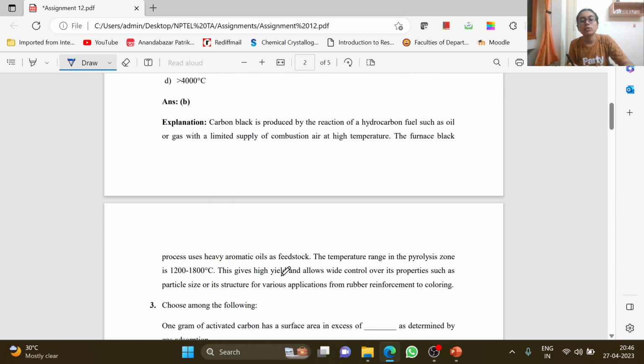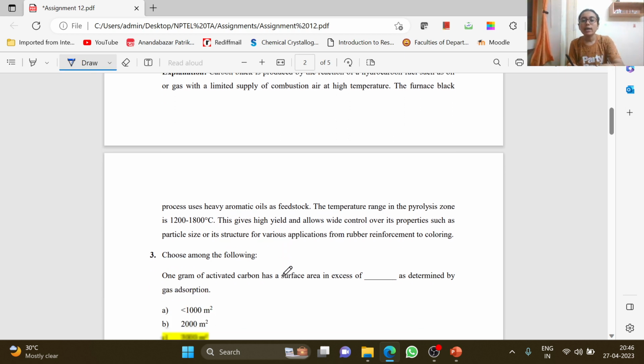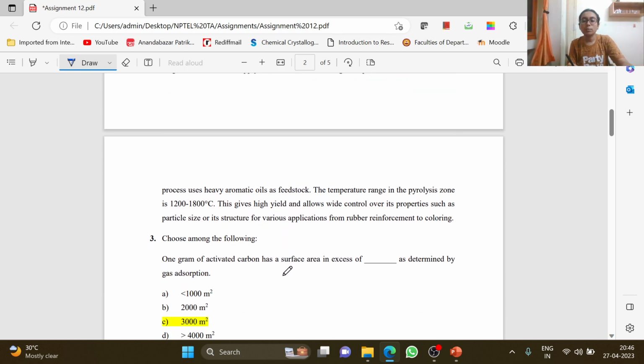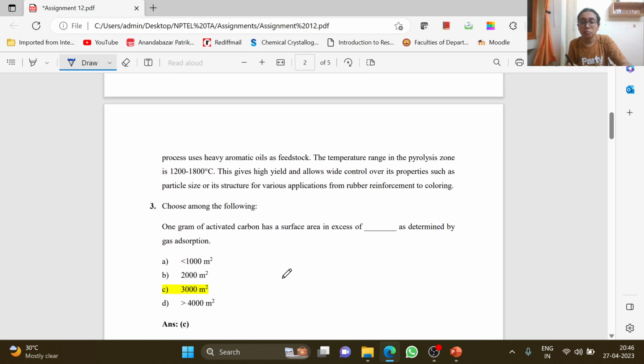The furnace black process uses heavy aromatic oils as feedstock. This gives a high yield and allows wide control over properties such as particle size or structure for various applications, from rubber reinforcement to coloring. Several physical properties can vary depending on the particle size and structure.